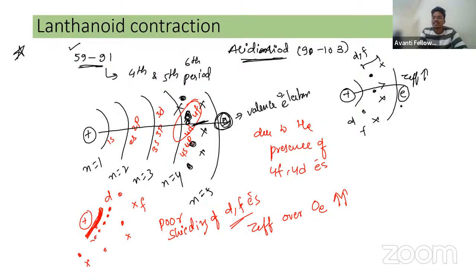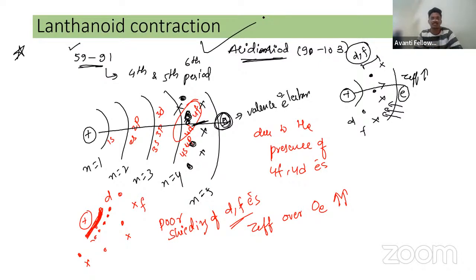So the electron will be slightly pulled inside. Due to this slight pulling of the electron, the size of the atom decreases. This contraction, or decrease in atomic size due to the presence of d and f electrons, is called lanthanoid contraction.